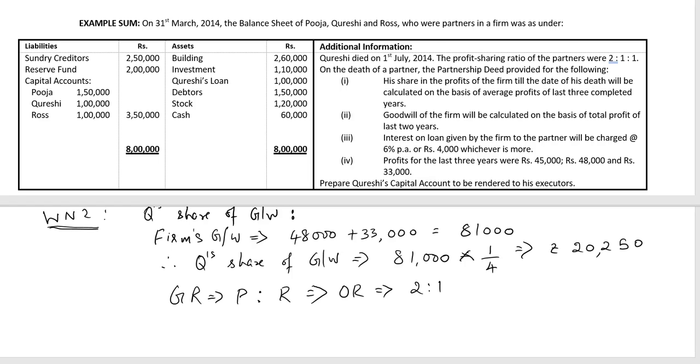So we need to divide 20,250 rupees in 2:1. We'll debit Pooja's account with 20,250 into 2 divided by 3, and Ross's account with 20,250 divided by 3.